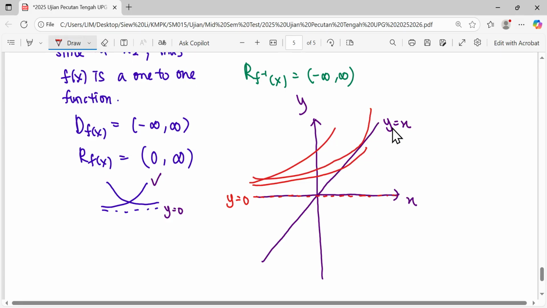So which one is the correct graph? We must know whether the graph is going above the reflection axis, or whether it will go under the reflection axis. So this one you need to test with your calculator. Take out your calculator and put in your function.